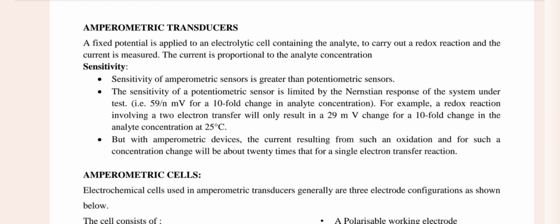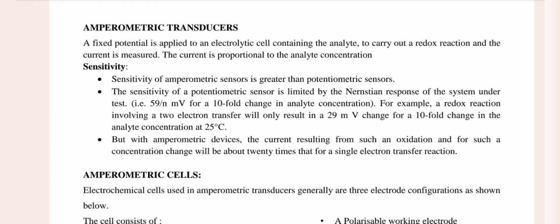That is, a tenfold change in analyte concentration only changes the potential by 59 divided by n millivolts. For example, suppose n is 2, then a 29 millivolt change occurs for a tenfold change in the analyte concentration at 25 degrees Celsius.